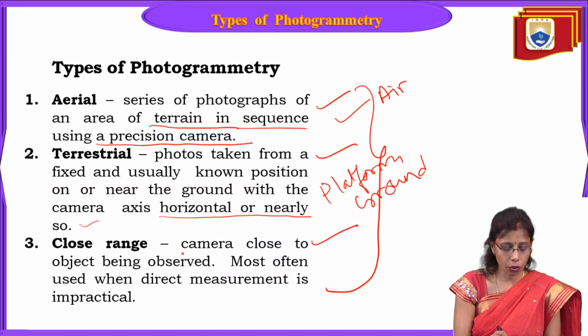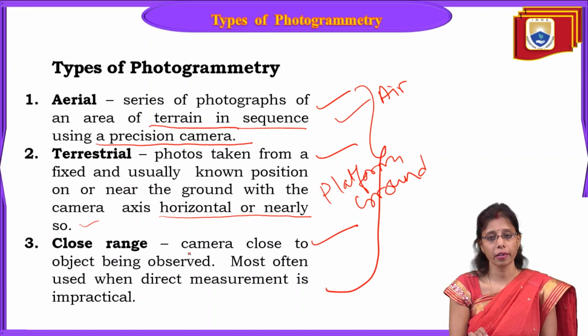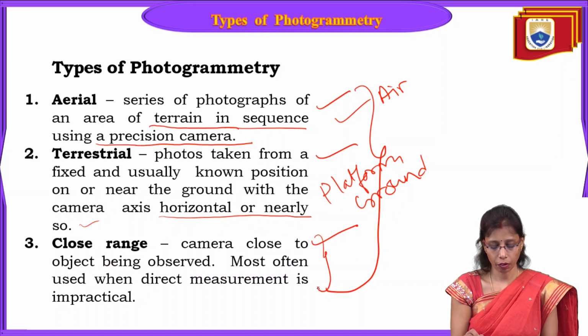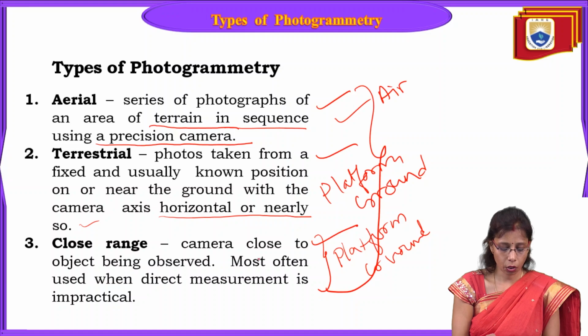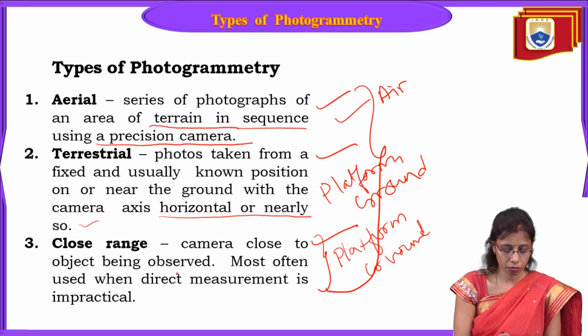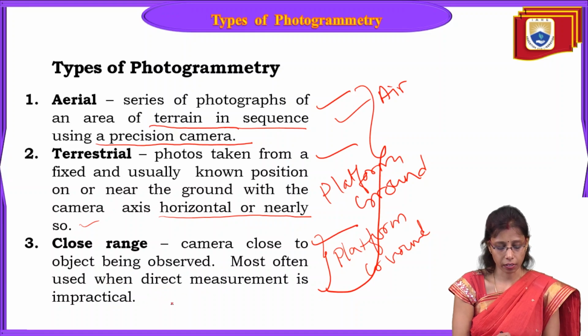Now you have close range photogrammetry. This is also captured from a ground platform. The camera is close to the object being observed, and it is most often used when direct measurement is impractical.